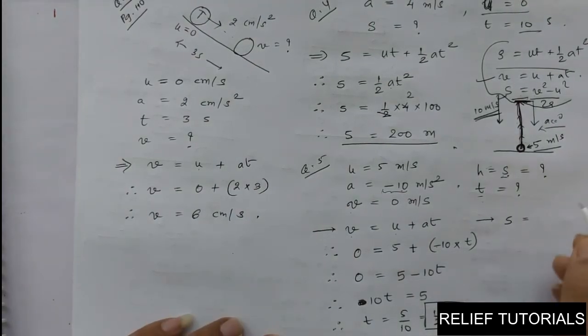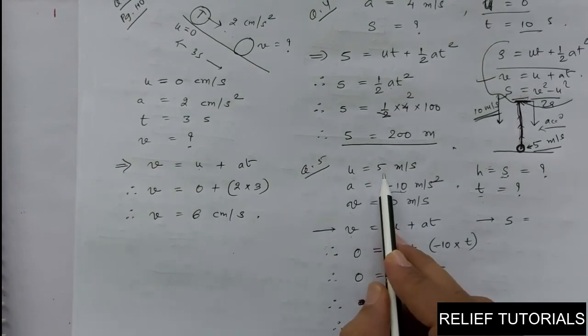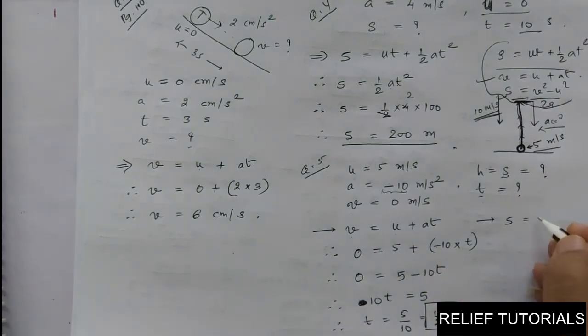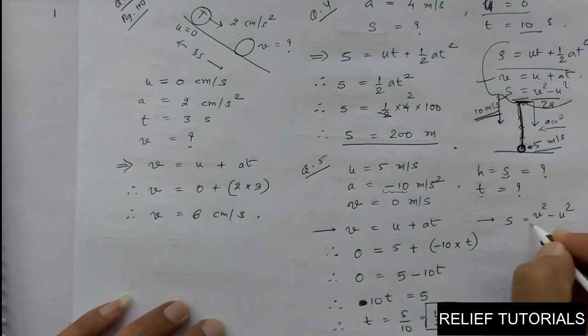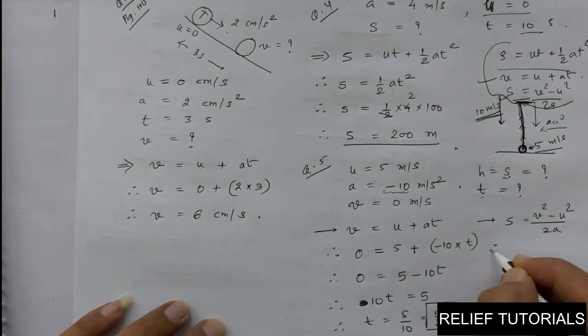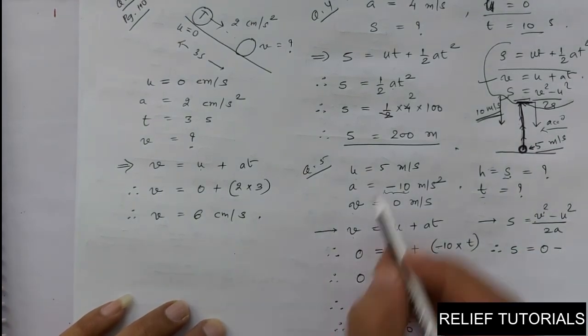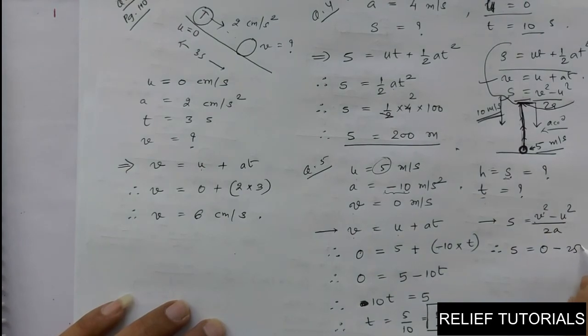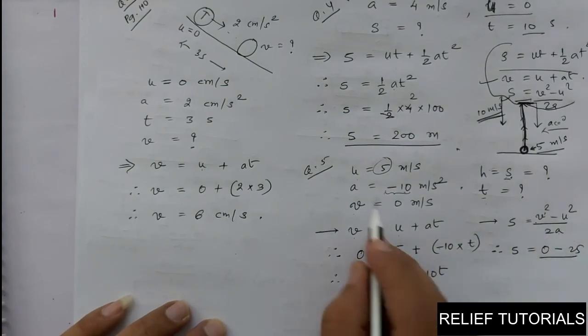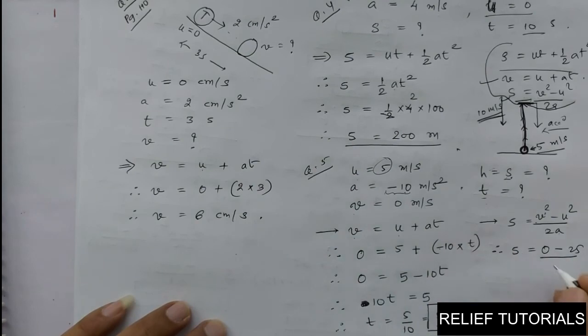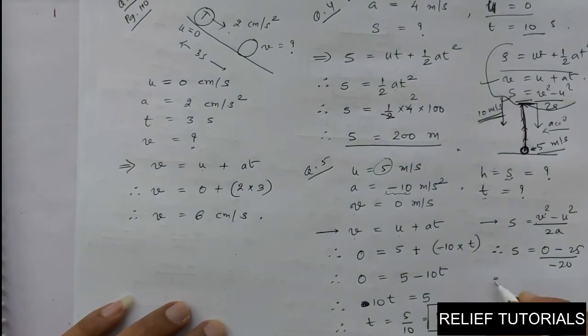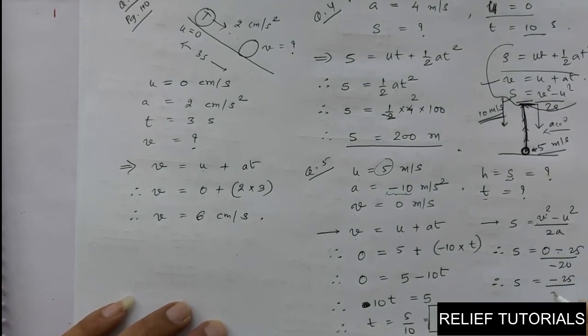S is equal to, here U is not 0, so I think we should use the last formula. S is equal to V square minus U square by 2A. Therefore S is equal to V square, which is 0 square, and 0 square is 0, minus U square, which is 5 square, 25, upon 2 into A. 2 into A means 2 into minus 10, it's minus 20. Therefore, S is equal to 0 minus 25, so it's minus 25 by minus 20.